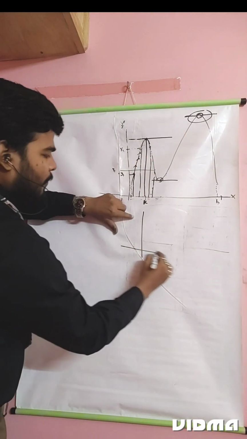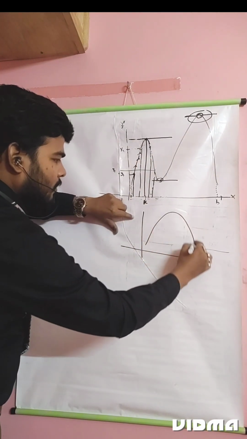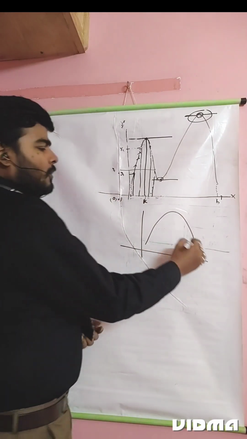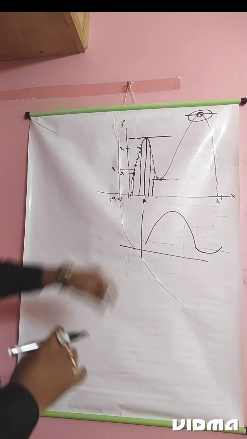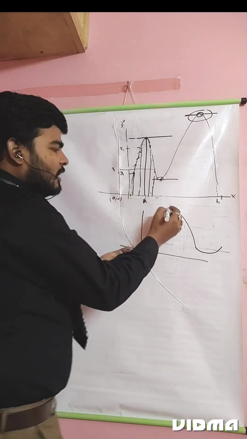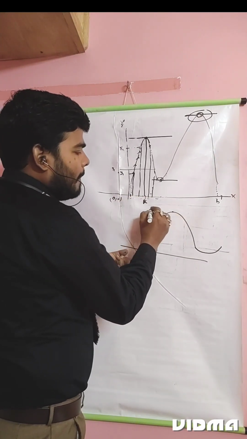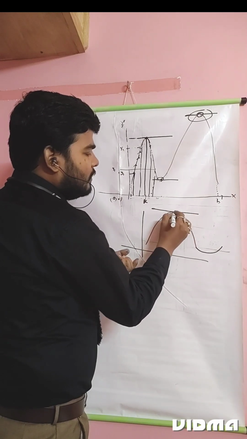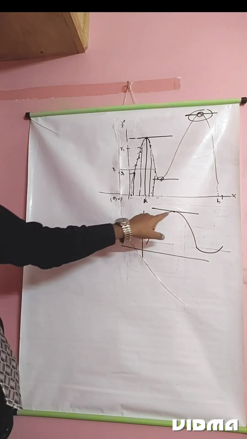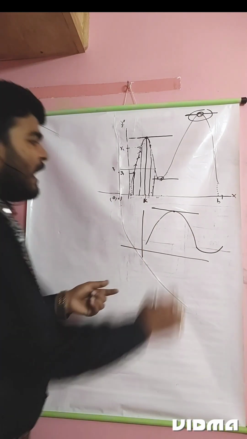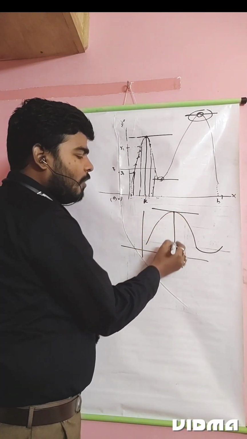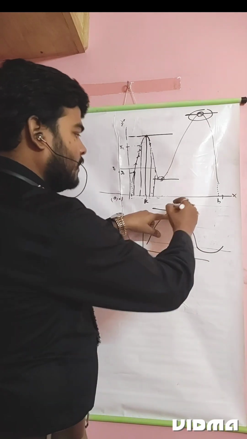So suppose here, according to the graph, we can say that this is the maximum point. That means at this critical point, the value of f(x) is maximum.